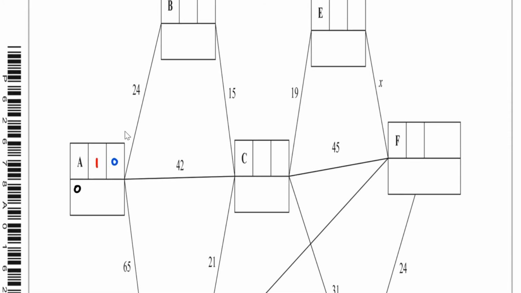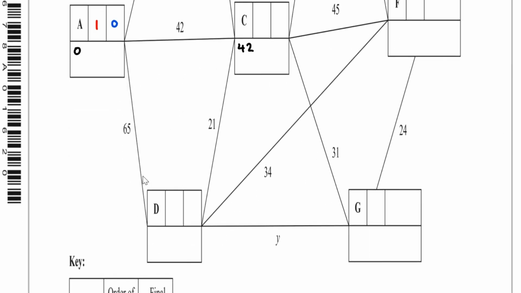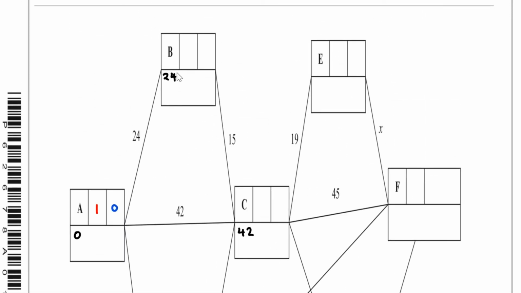Now, we've got 0 plus 24, which is 24. 0 plus 42, that's 42. And then we've got 0 plus 65, which is 65. So now the smallest one, that's 24. So B has an order of labeling 2 because the working value, the final value, is 24.